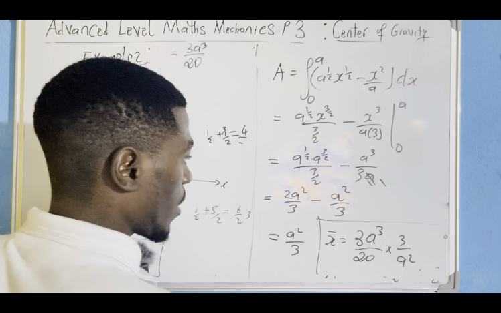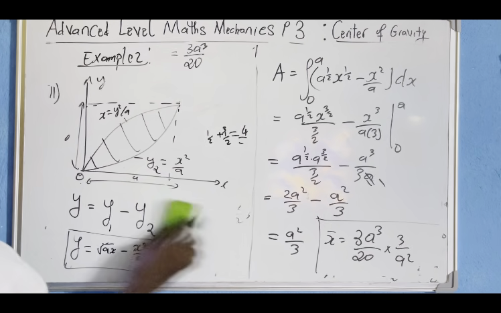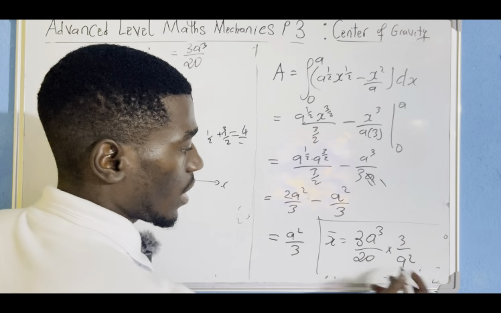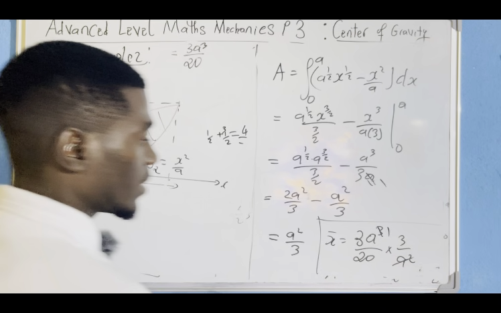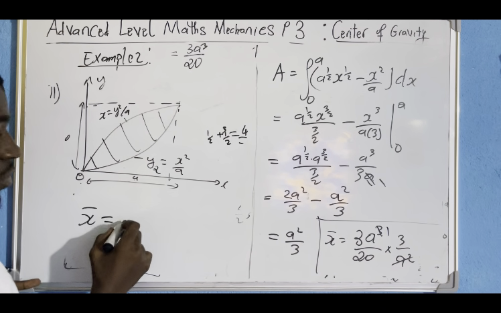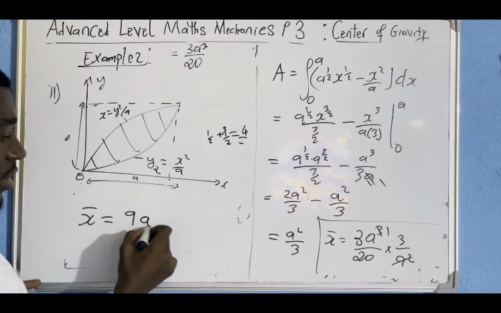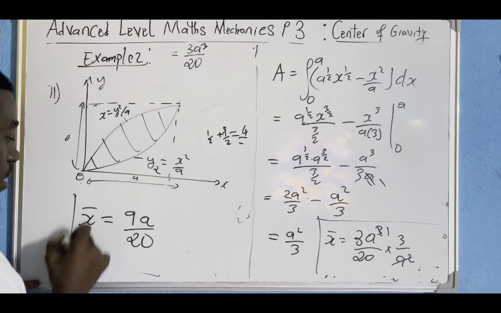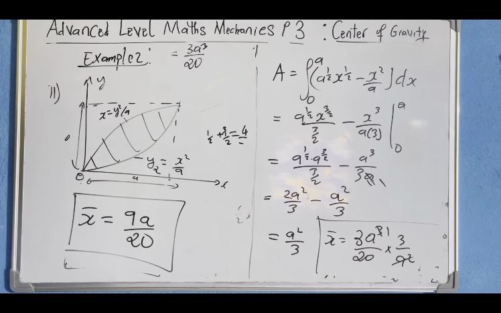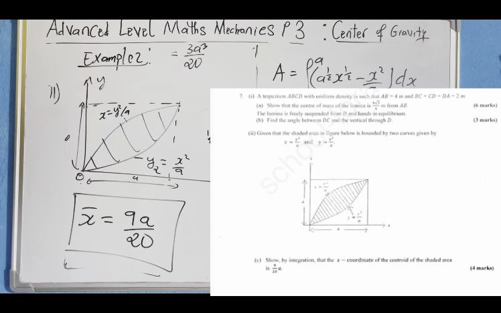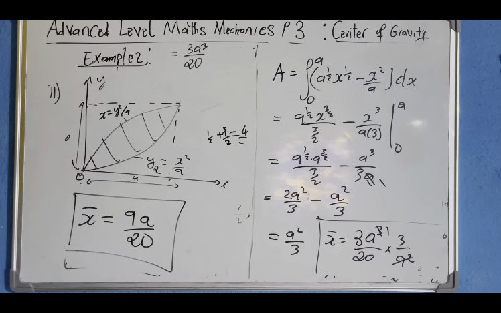So here you will see that when I multiply, I'll have 1 time. So my x bar is simply equal to 9a over 20. As easy as that. That is the proof. 9a over 20. So that is the proof.